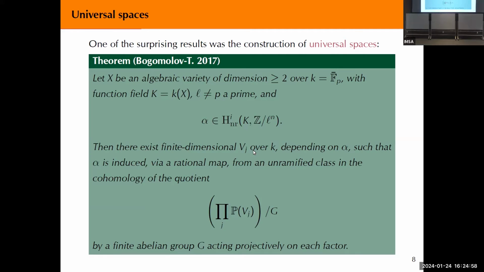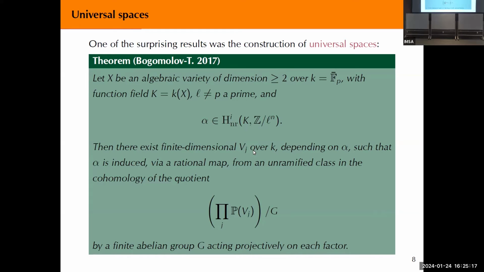The reason for this restriction is that this is a field that is algebraically closed and has no non-trivial relations, so you don't need to separate the geometric relations from the relations that you get from the ground field. So pick any unramified class.